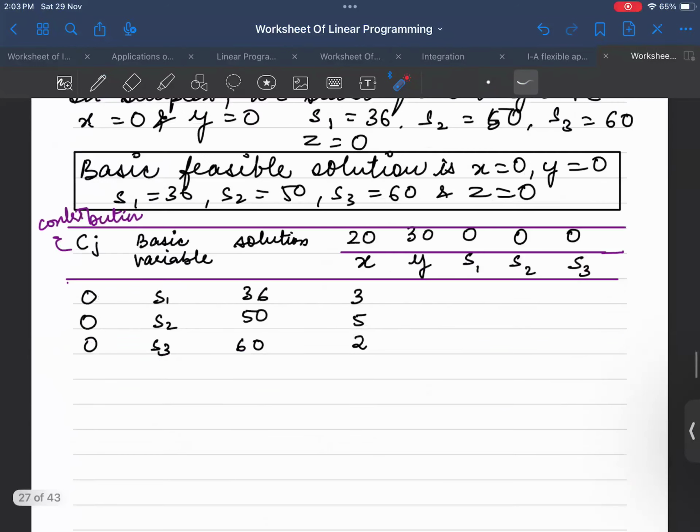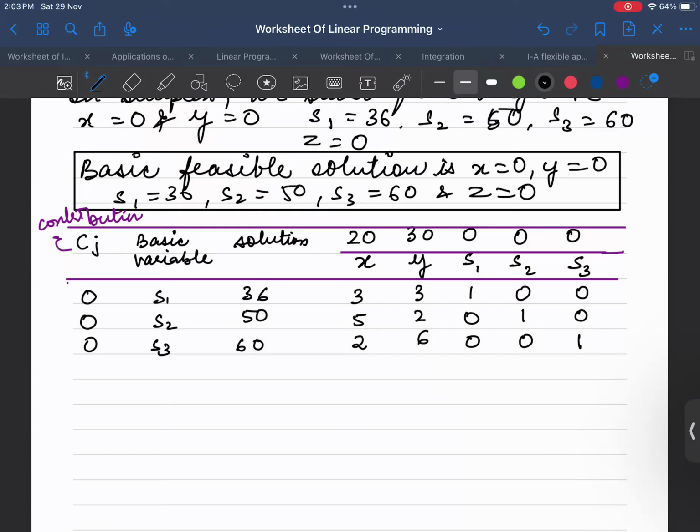I'm writing it back in the table, 3, 2, 6. Now for S1, we know S1 was introduced for the first machine, and for the rest of the machines it was 0, 0. And for S2, it was 0 for the first, but it was introduced in the second constraint, so 0, 1, 0, like this. You will observe that they form a unitary matrix.